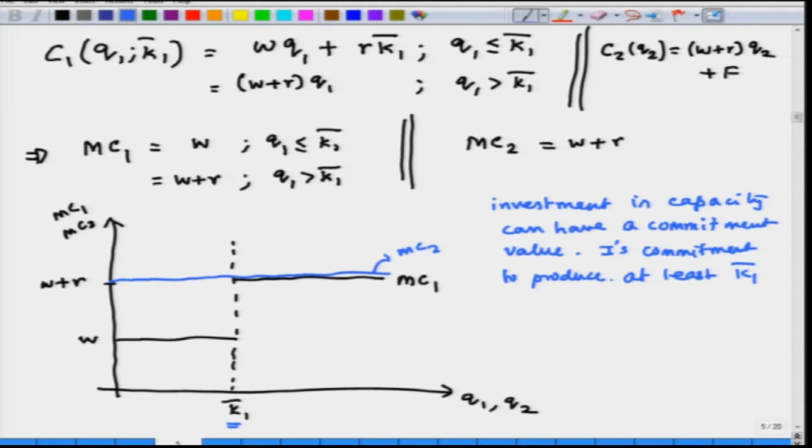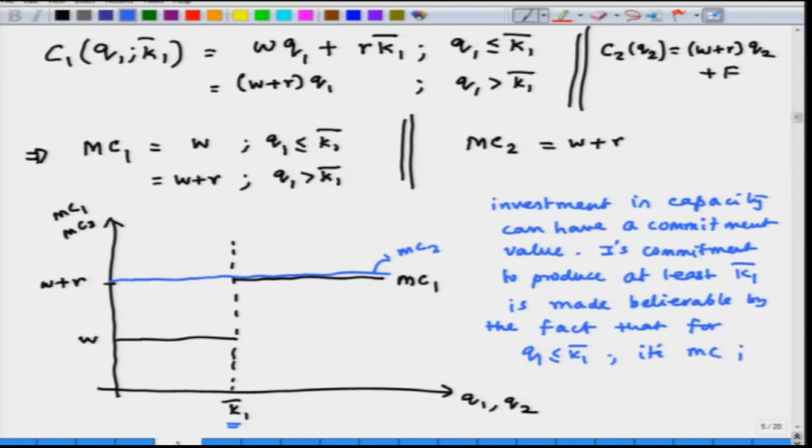So, I's commitment to produce at least K1 bar is made believable by the fact that for Q1 less than or equal to K1 bar, its marginal cost is lower than that of the entrant.